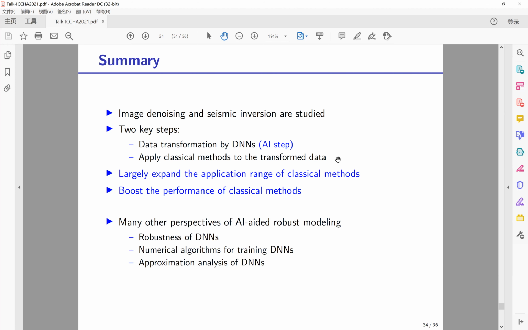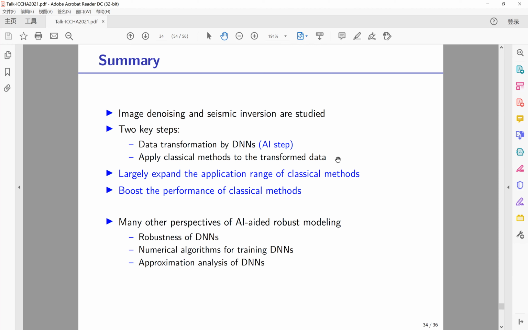Also, there are many other things to consider in the future, because we use a deep neural network. The robustness of the network should be considered, and there are many works along these directions, like adversarial robustness.